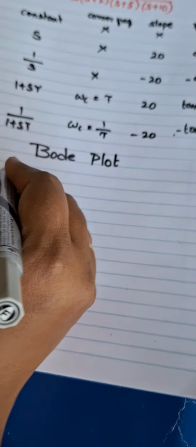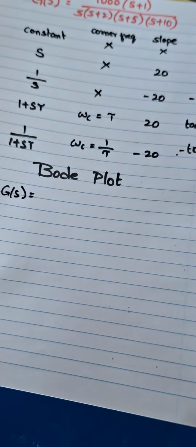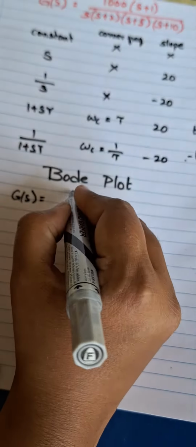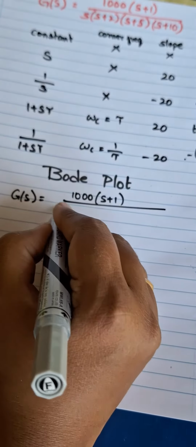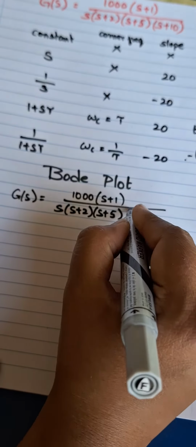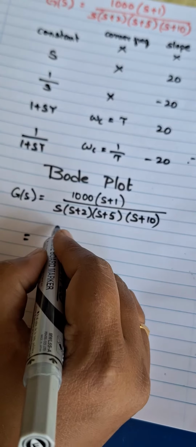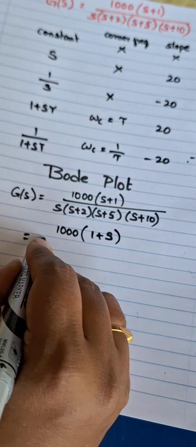So the equation is given as G of s is equal to 1000 into (s plus 1) by s into (s plus 2) into (s plus 5) into (s plus 10), right? So this is the given equation. To bring it into standard form, s plus 1 is written as 1 plus s, so it's not a problem.